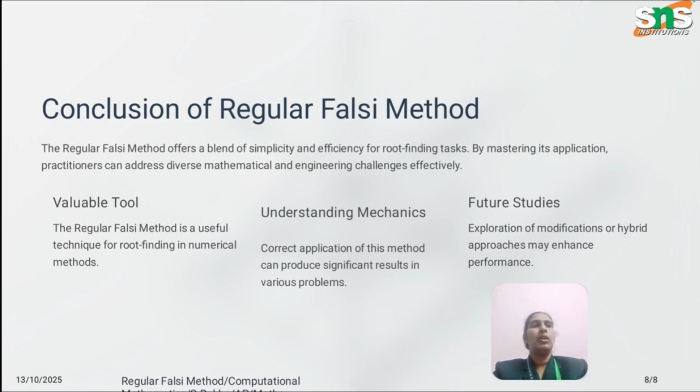Suppose we get the value as 1.5, again we have to check it for 1.5. For 1.5 it may be a negative value, which means the root lies between 1.5 and 2. Now we take the smallest value as a, which is 1.5, and the largest value as b, which is 2.